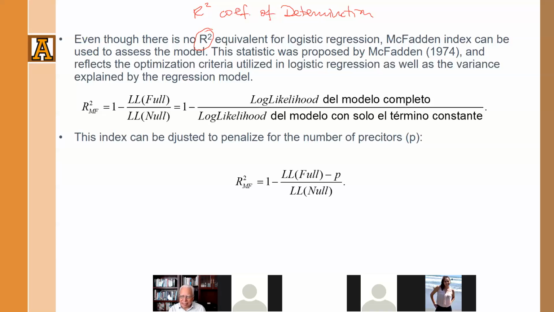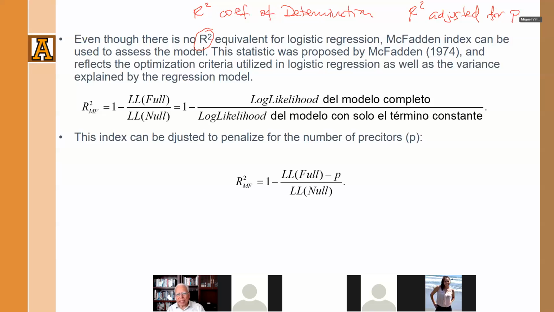And then the index is adjusted to penalize for the number of predictors, because like in the case of linear regression, I can add predictors and I keep increasing the R-squared. And in linear regression, there's something called adjusted R-squared. And that's adjusted for what? For p, the number of predictors.